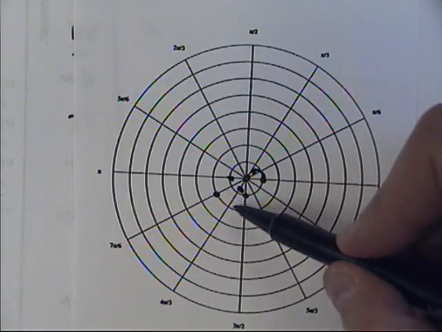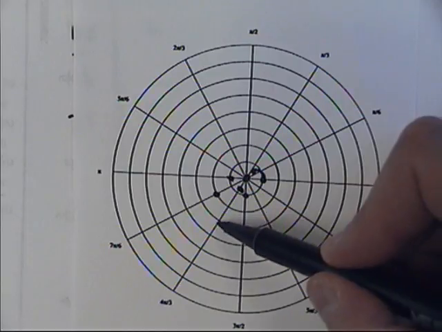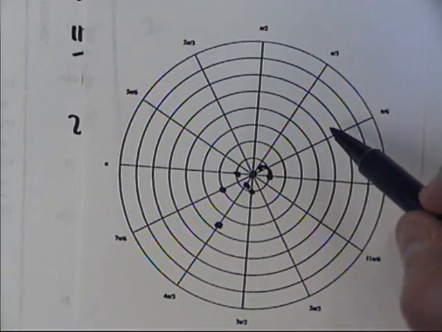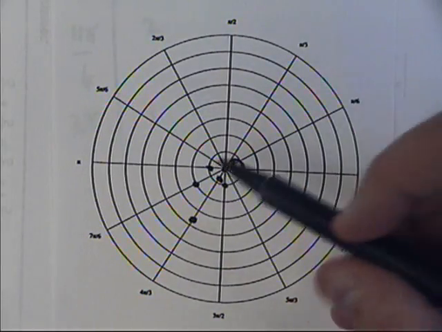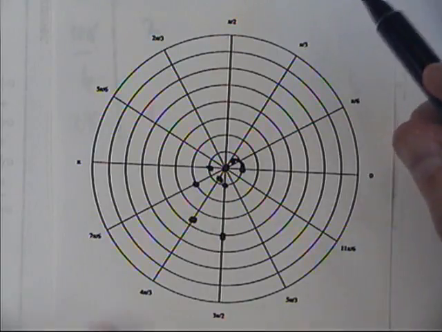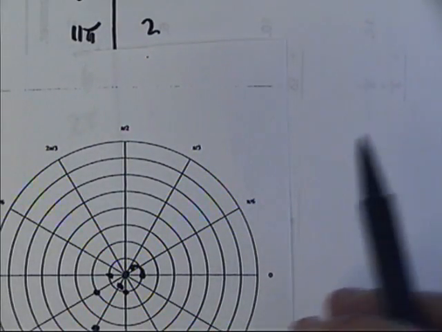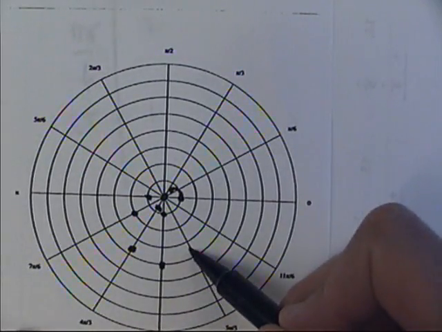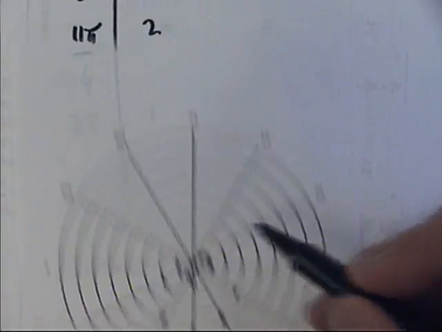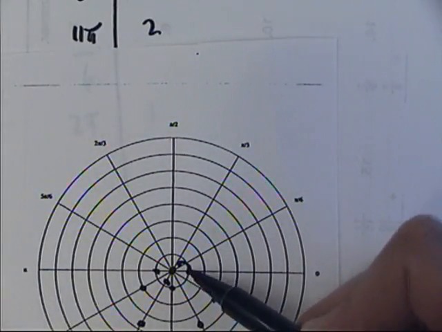Okay, 4 pi over 3 is 2.73. 2.73 here. Here we'd be at 3. And then we have, just trying to see, 2.73 be here, 2, and 1 again. Let's see, here.